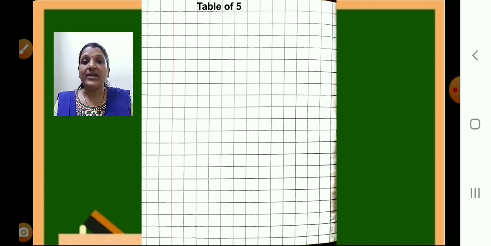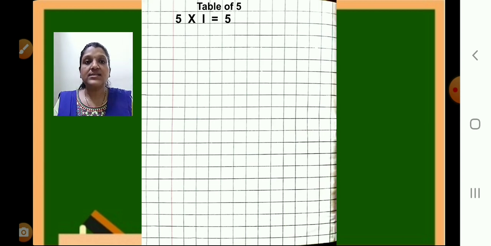When we go on adding the same number multiple times, we get the answer and it forms a table. So, shall we start writing table of 5? Yes.